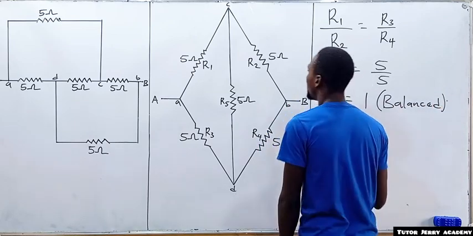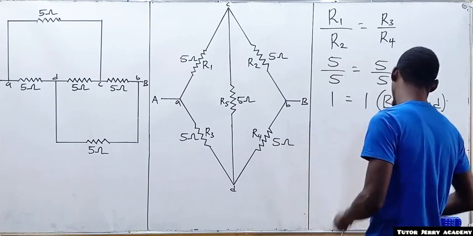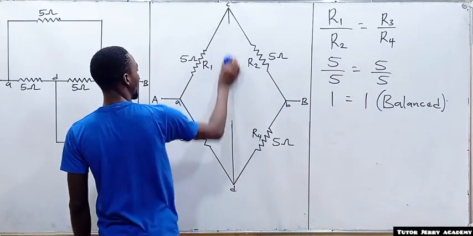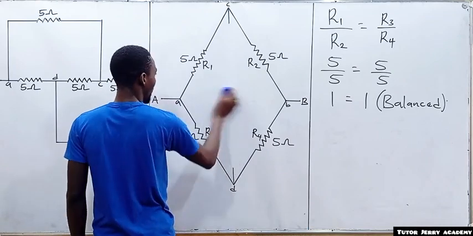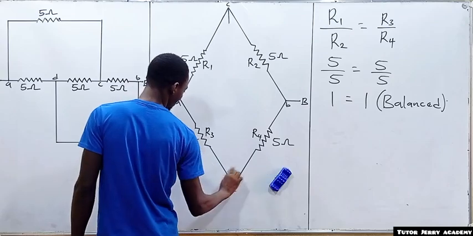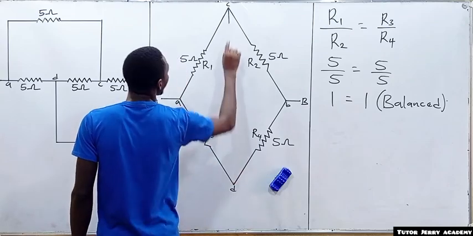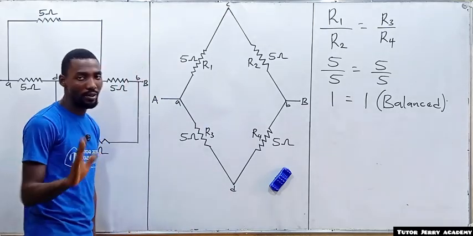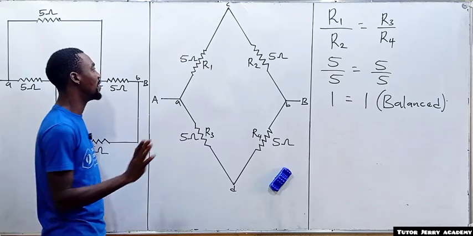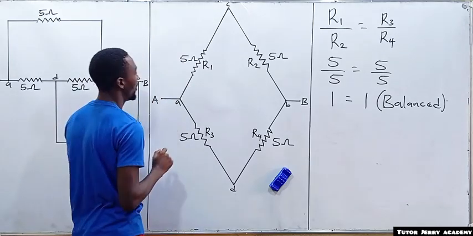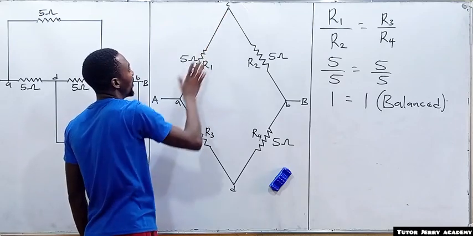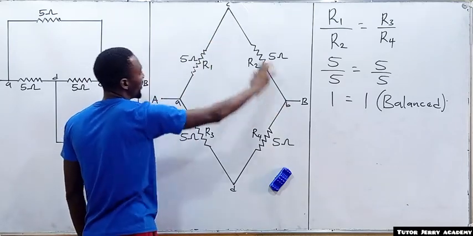Since it is balanced, it means that we are going to remove this. Now you can see fully well that the same current that will enter into this resistor will be the same current that is going to enter into this.